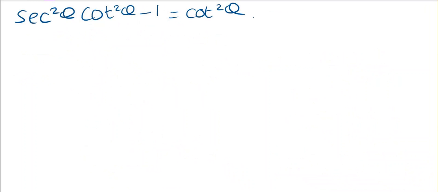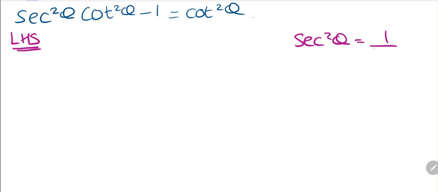Okay, so let's have a look at this question. If we look at it, the left hand side is more complicated. So let's have a look at what we know. So secant squared theta is equal to 1 over cosine squared theta.